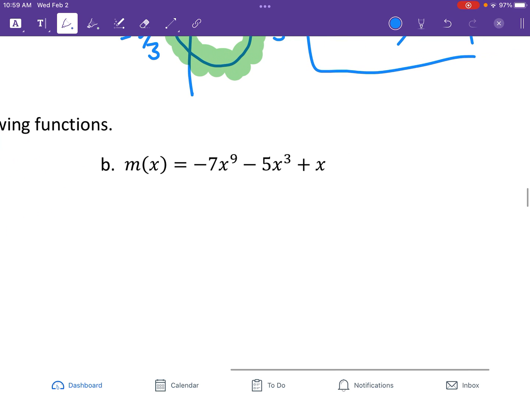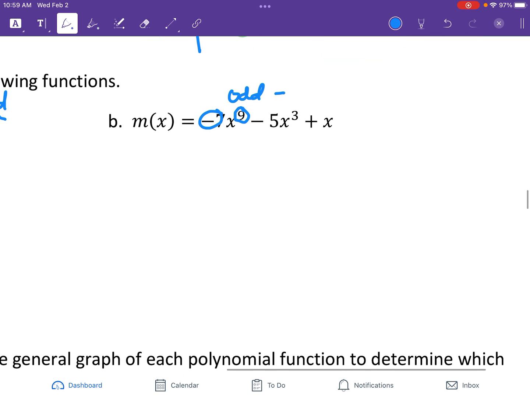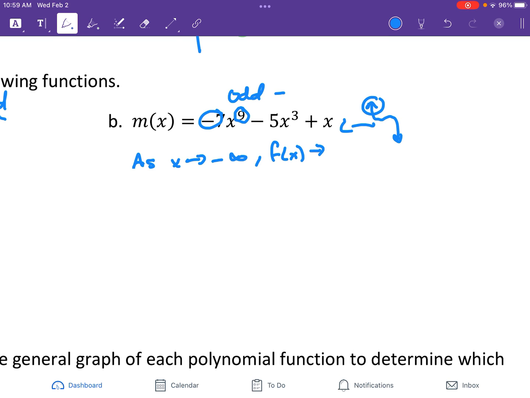All right, next one. We have an odd degree. We have a negative number. So that means this graph's going to look like this. So as x approaches negative infinity, going to the left, which way is the graph going? It's going up towards positive infinity.